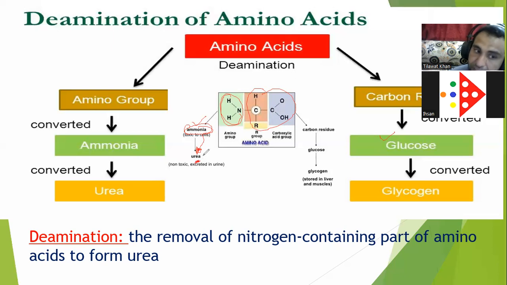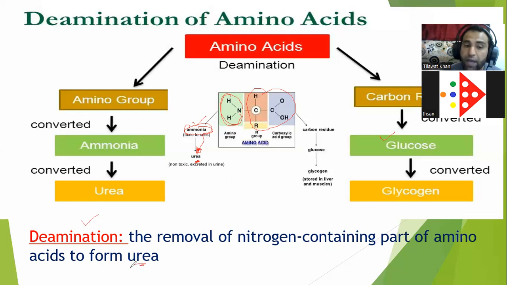Now the removal of this nitrogen containing part of the amino acid from your body is called what? Deamination. Could you please repeat what is deamination? The removal of the nitrogen containing part of an amino acid to form urea is called deamination.